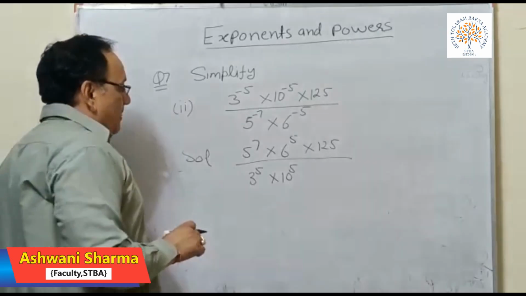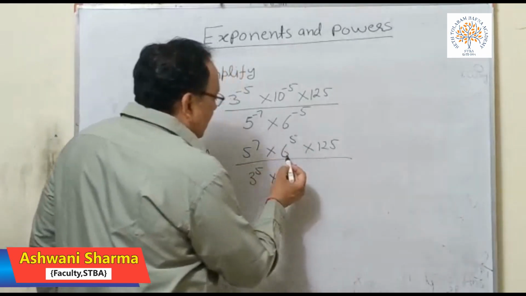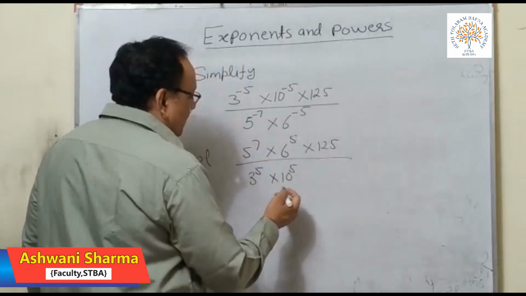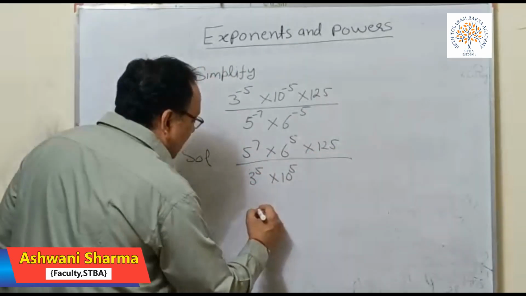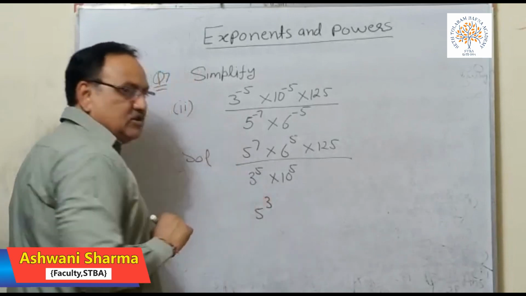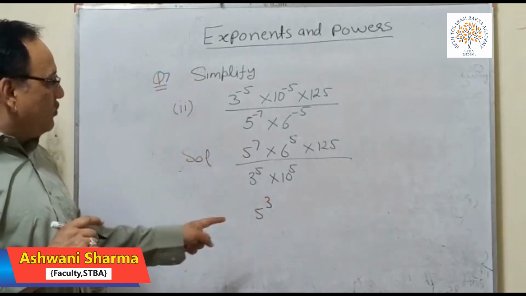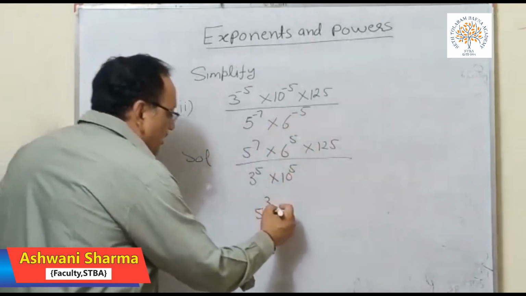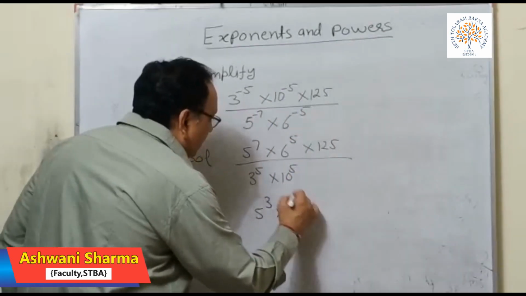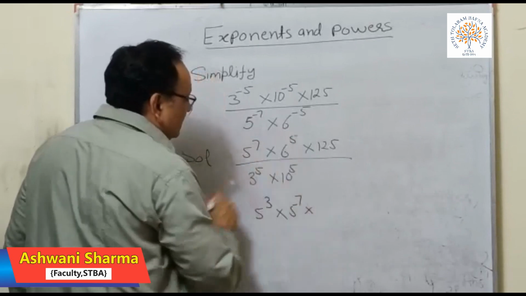Now, we can break it: 6 and 125 and 10. How? Look here. 125 we can write as 5 raised to the power 3, because 5 into 5 into 5 is 125, into 5 raised to the power 7 into 6 raised to the power 5.